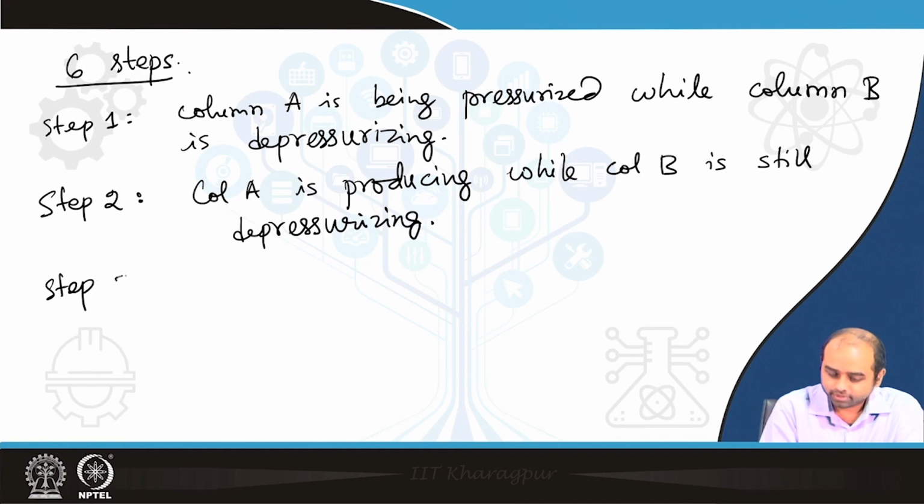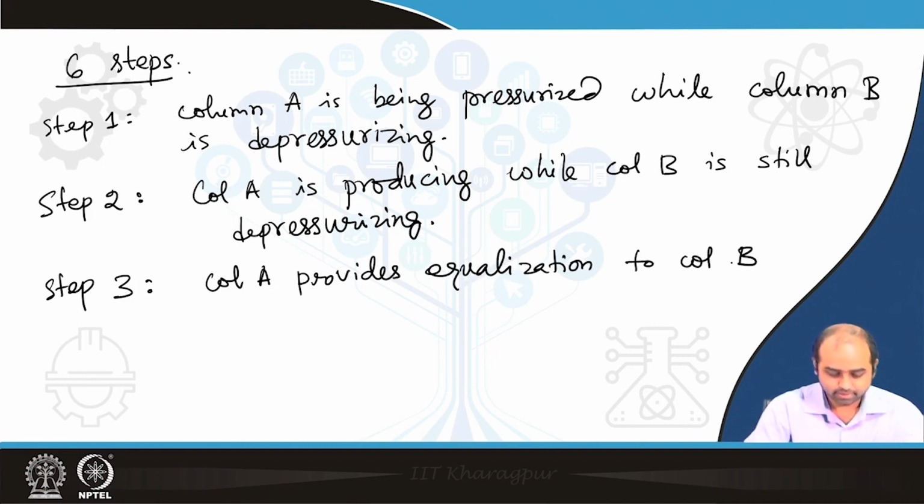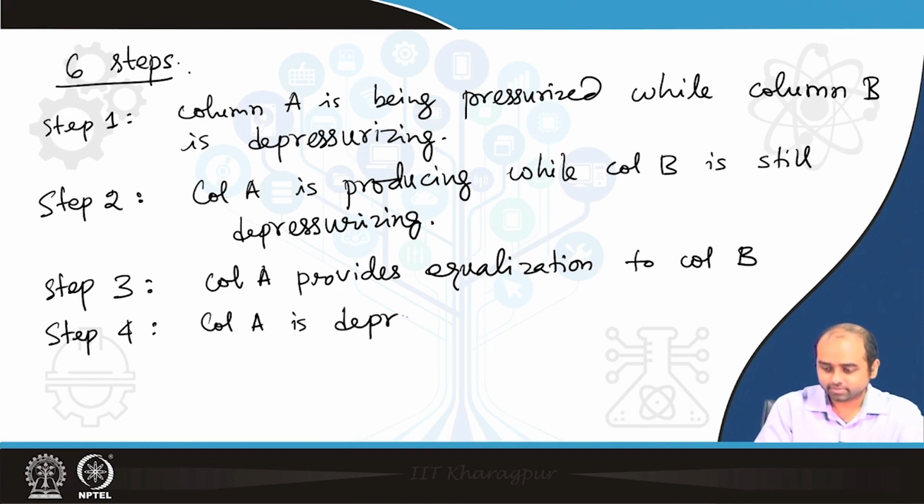Step 3 of this process is column A provides equalization of pressure to column B. In step 4, the process gets reversed for column B. So, column A is depressurizing, while column B is pressurizing.